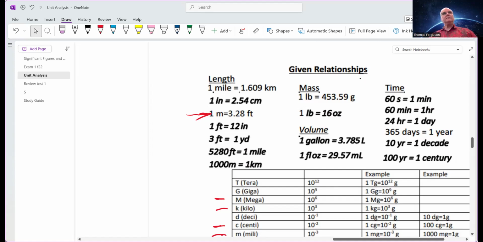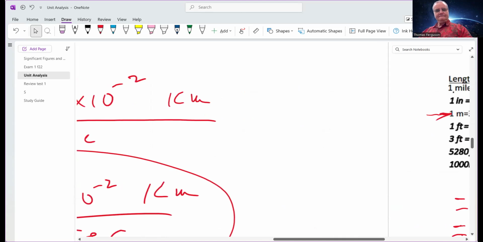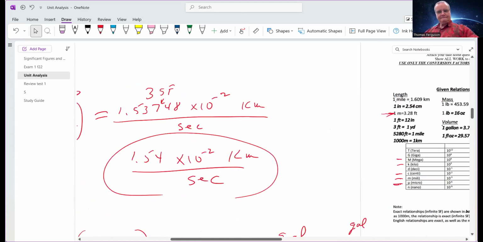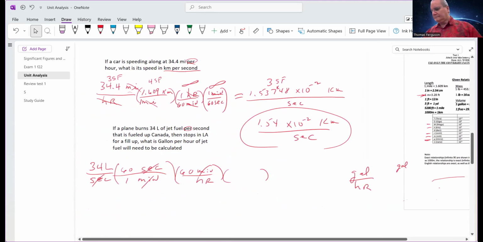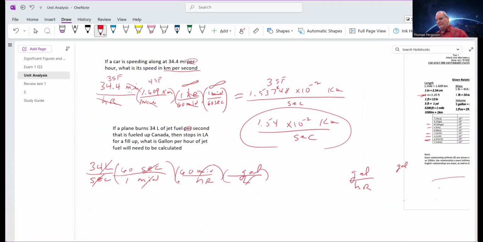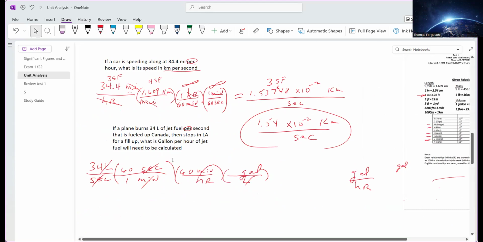We've got a liters to gallon conversion directly, right? So the liters have got to cancel. And how many liters do we have, 3.70.